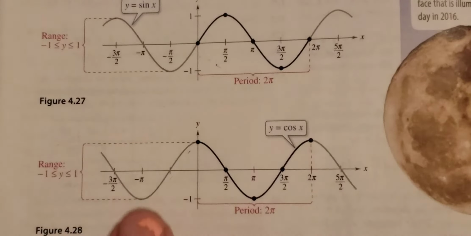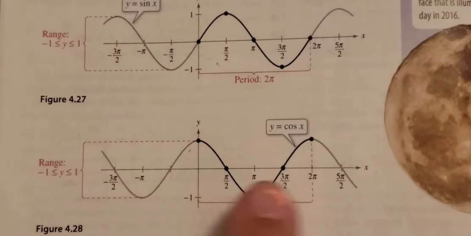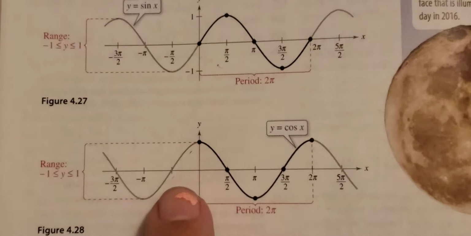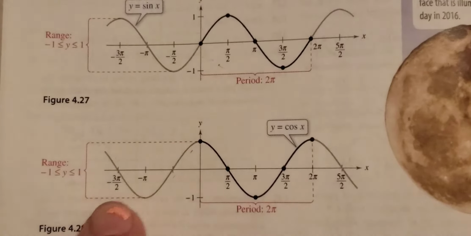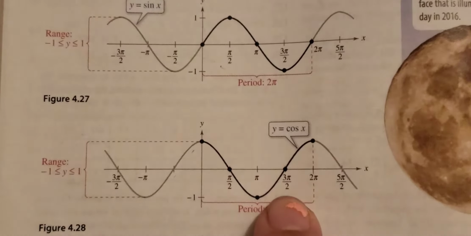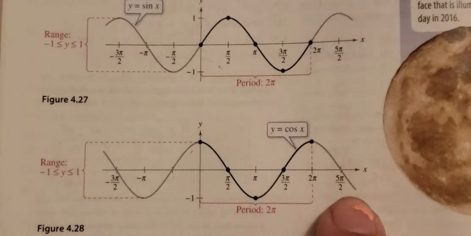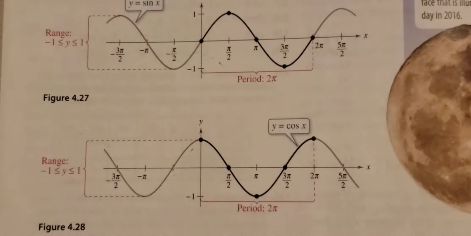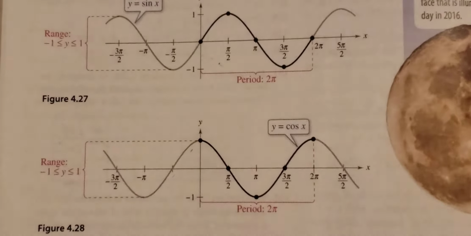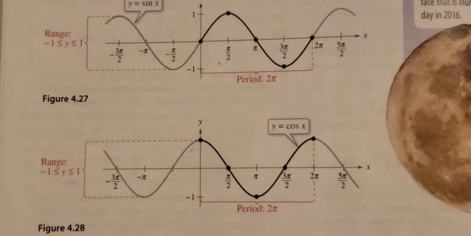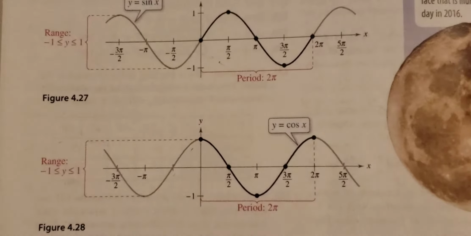X-intercepts. Notice it crosses the x-axis at -pi/2, at -3 pi/2, sorry, -pi/2, pi/2, 3 pi/2, 5 pi/2. So basically every odd multiple of pi/2.